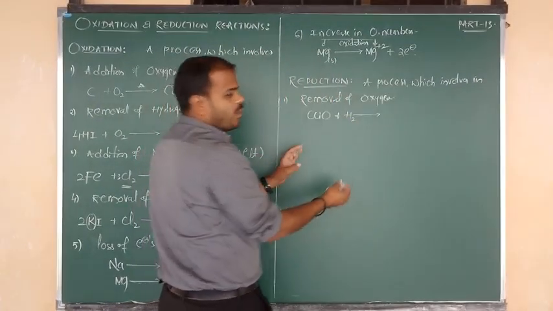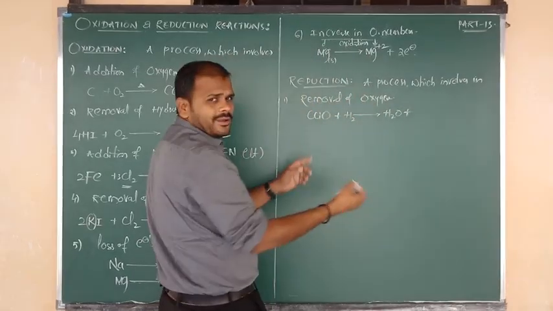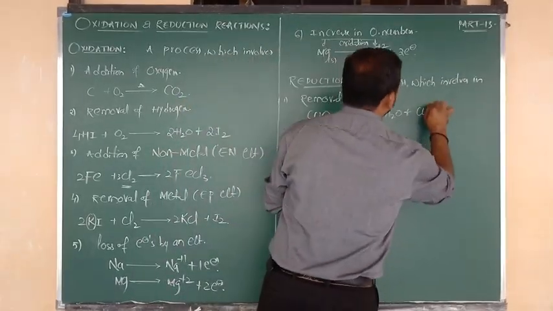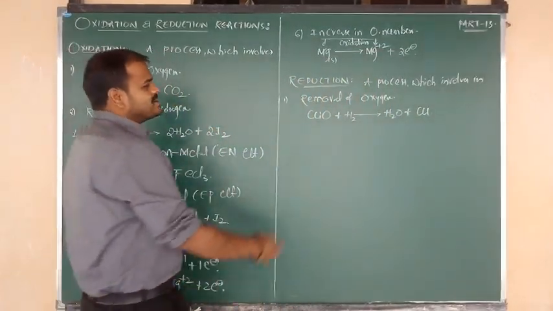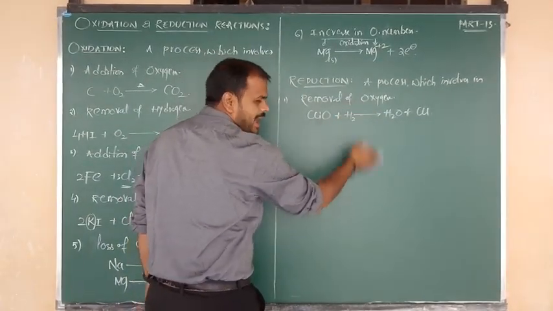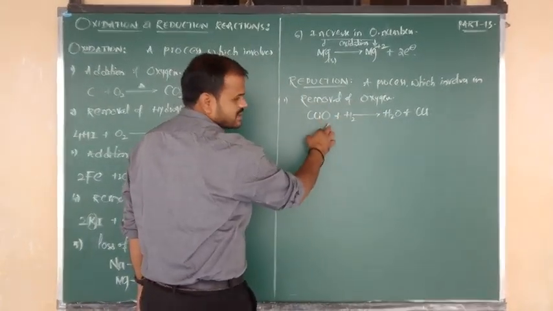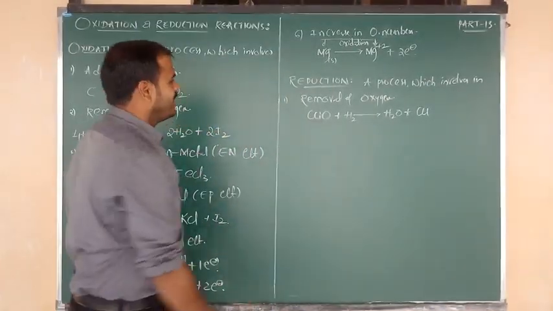H2 combines with O and is removed in the form of a water molecule. The remaining we get is free elemental Cu. So removal of oxygen takes place from copper oxide by using hydrogen, and after the removal of oxygen copper oxide changes into copper. Was the process clear? Yes, beta.